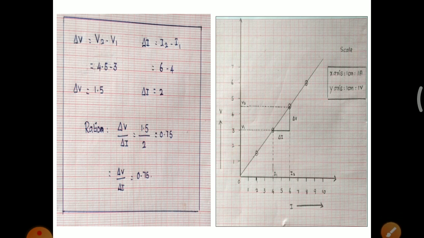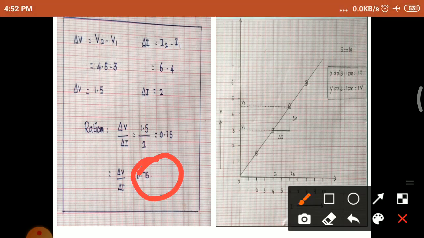Graphically, I calculated the value 0.75. How? First, you have to draw the x-axis and y-axis and give the values of I and V. Then mark the points and draw a straight line. Then I drew a small triangle from any place, any reading.